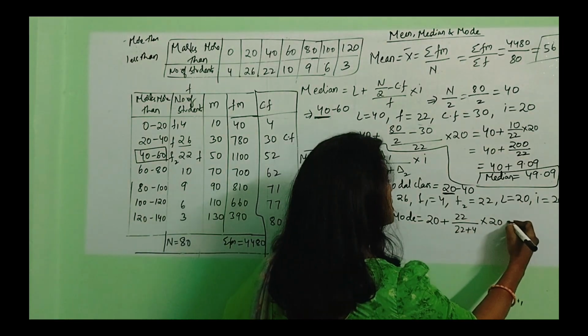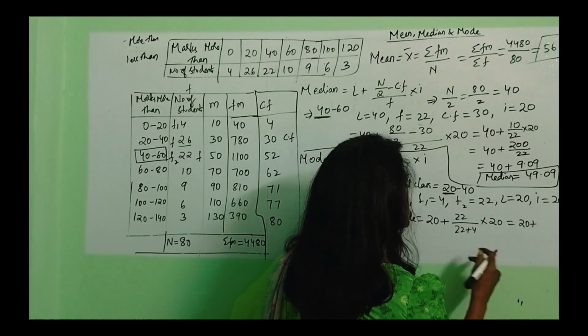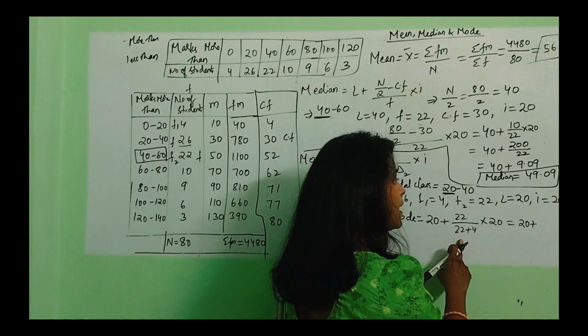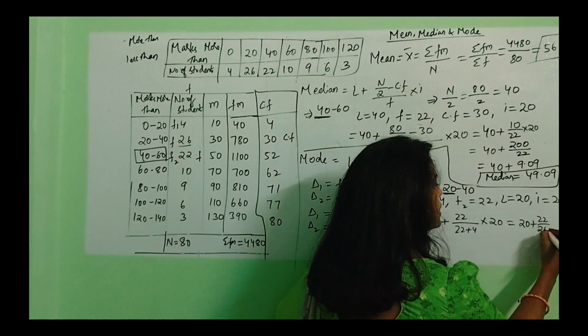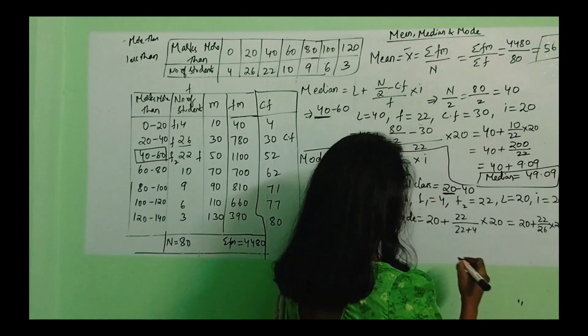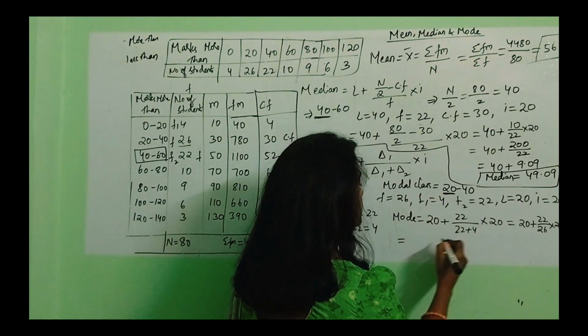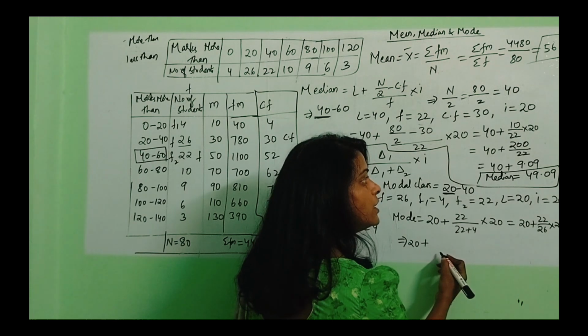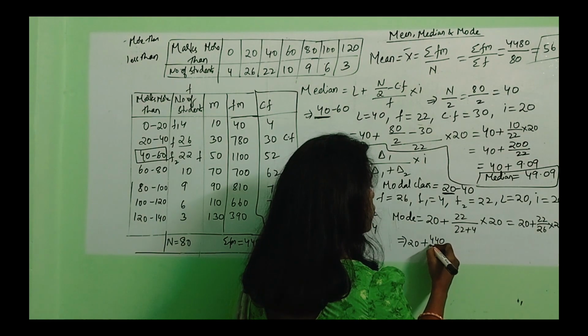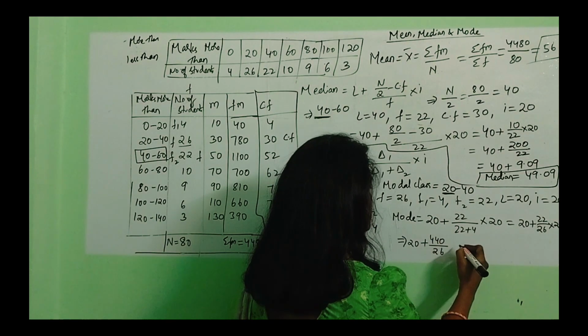Done. So what is that? That is 20 plus 22 by 26 into 20. So what is the value here? That is 20 plus 22 into 20, what it will become? That is 440 by 26.